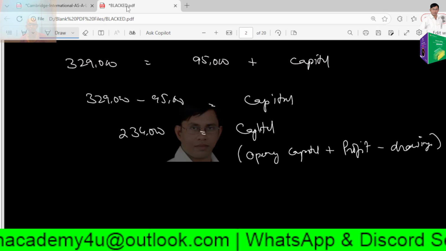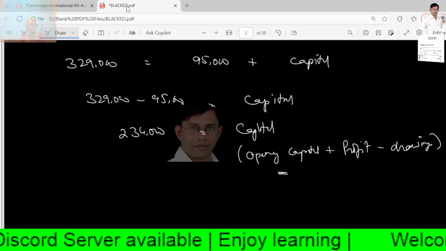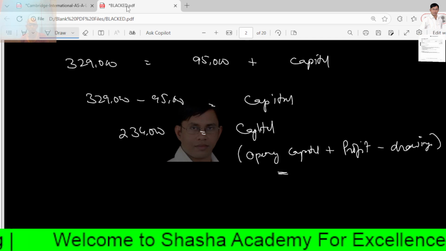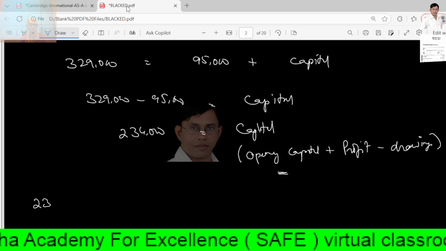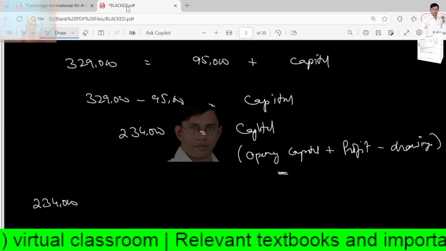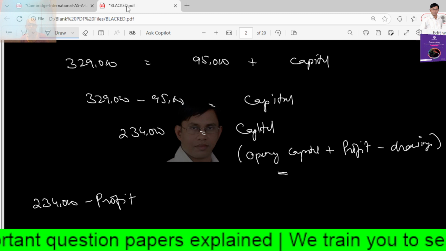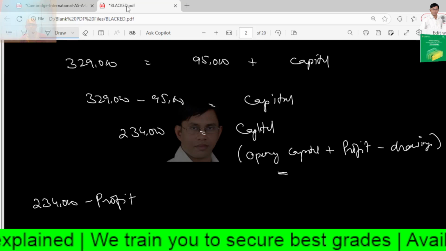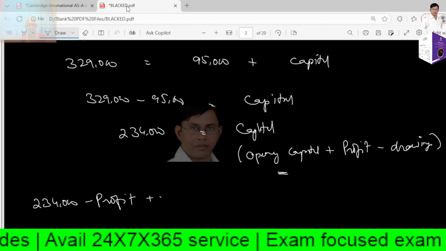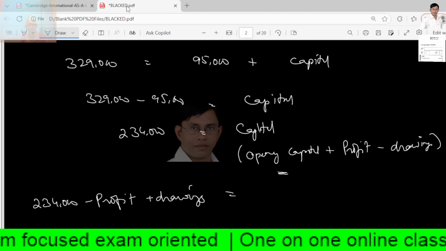So now you do one thing. You keep opening capital this side. You just take profit also this side, and you take drawings also this side. So what will happen? 234,000. So plus profit will become minus profit. So you know this is basic maths. When plus comes this side, it becomes minus, and minus becomes plus. So minus drawings becomes plus drawings, is equal to opening capital.